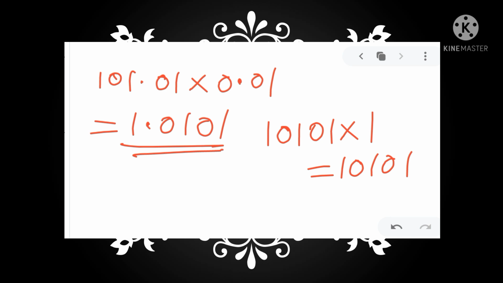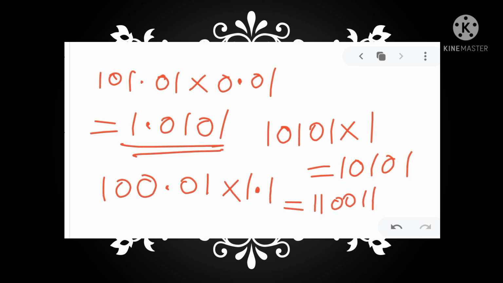The next one, 100.01 into 1.1. Here the answer is 110011, but we want 3 decimal places, so we want to place the point in between 2 zeros. That is the correct answer, 110.011.